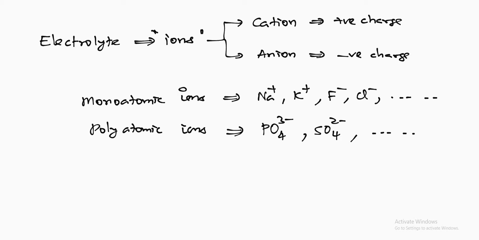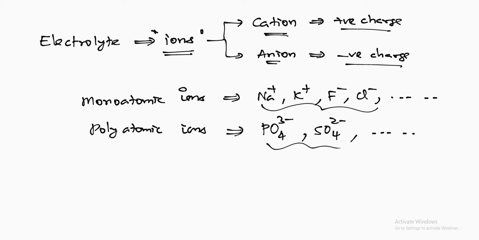So electrolyte is a substance which produces ions. In ions we have cation and anion. Cations carry positive charge, anions carry negative charge. And in ions we have monoatomic ions and we also have polyatomic ions. These are few examples for monoatomic ions, and these are few examples for polyatomic ions.